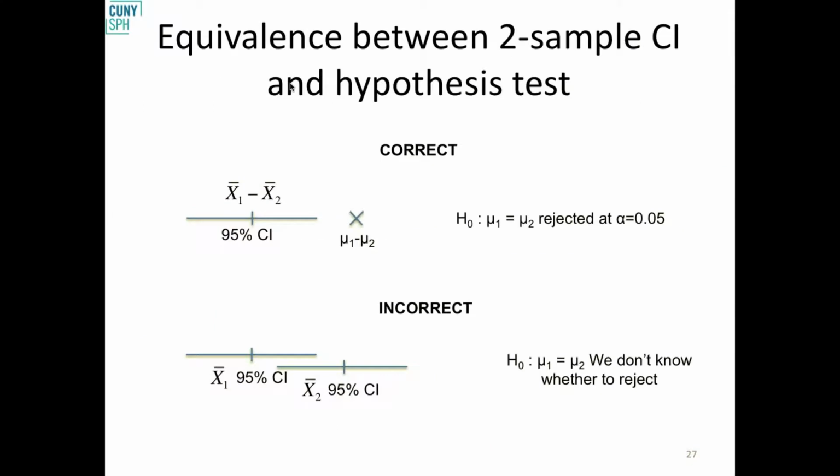Now, one of the things that it would be very nice to be able to say is that if we can show that the two confidence intervals for one sample and another sample do not overlap, then we can say with 95% certainty that the true means of those two groups are different.